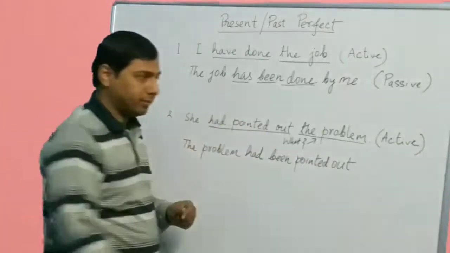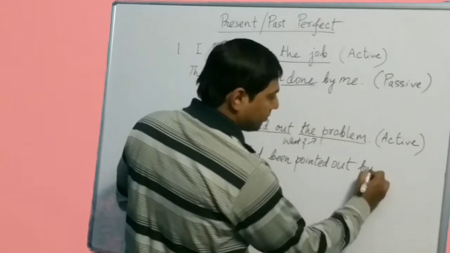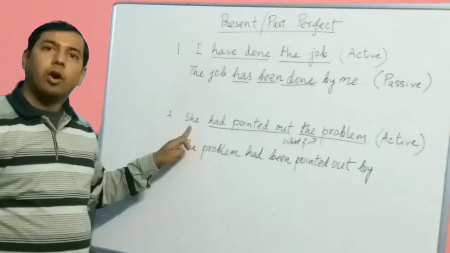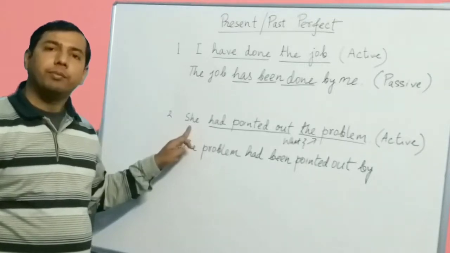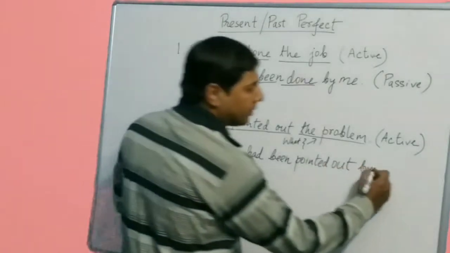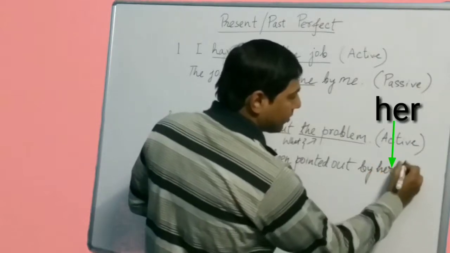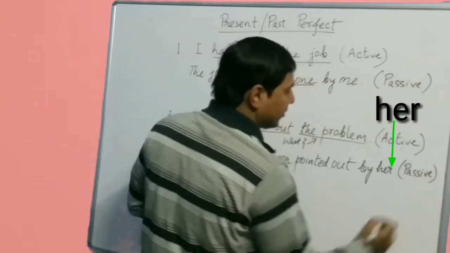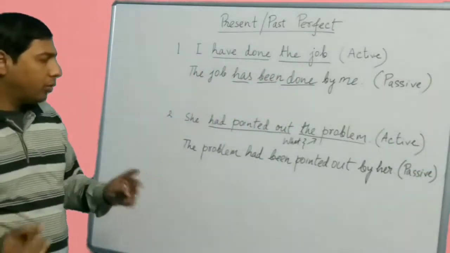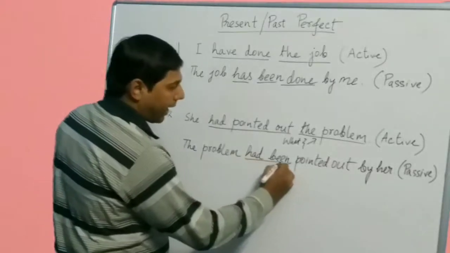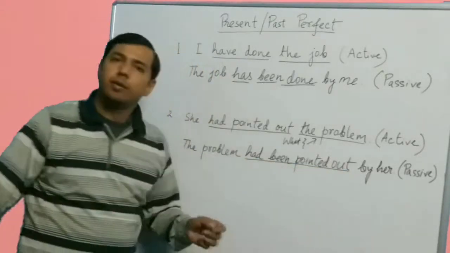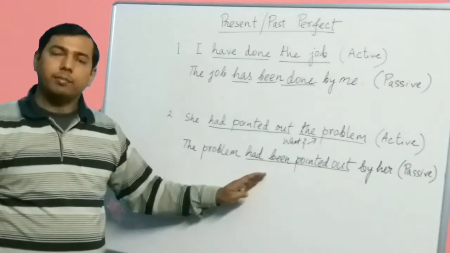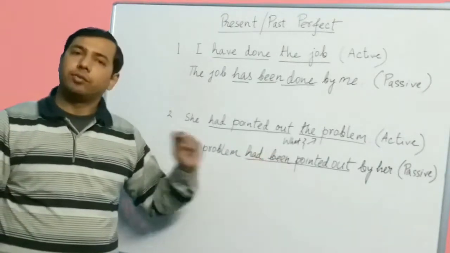Then comes by, and she in its object position in passive voice becomes her. So we have this, had been pointed out, the passive form in the past perfect tense.